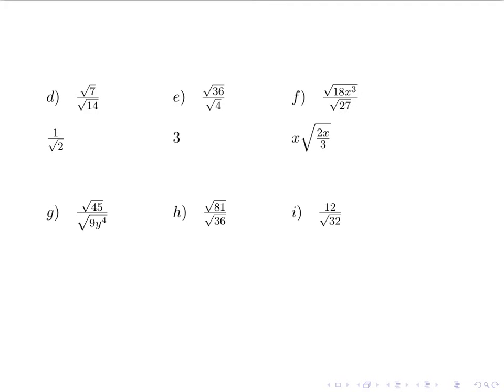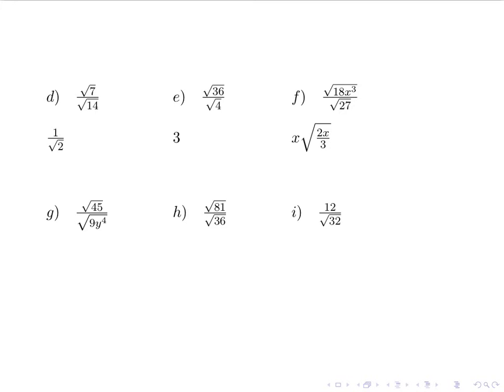Let's try some more. Root 45 over root 9 times y to the 4th. So again, I could square root the 9 and I could simplify the square root of 45. Or if I notice 45 goes into 9 evenly, so I can just do the division out first.